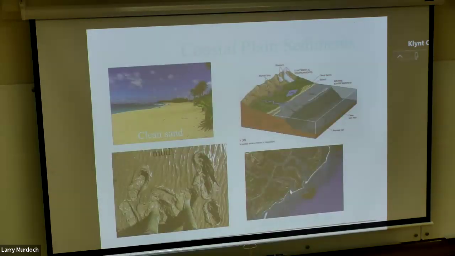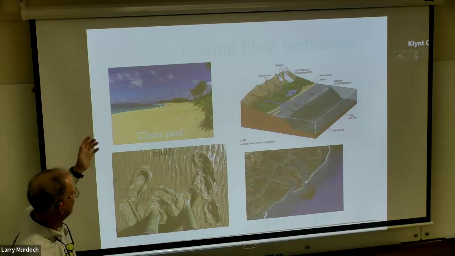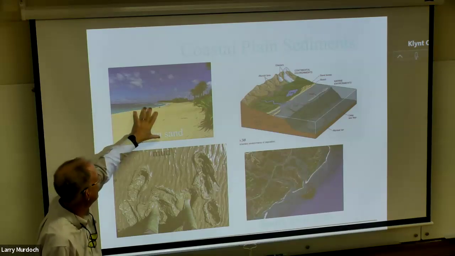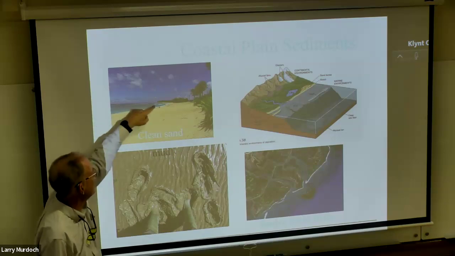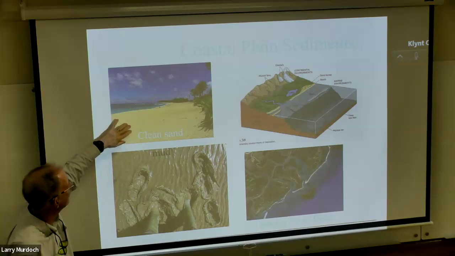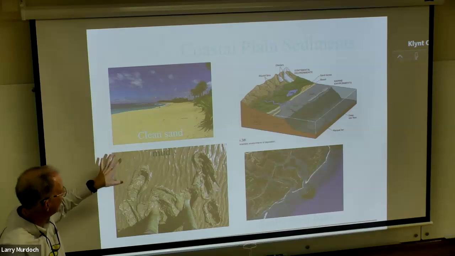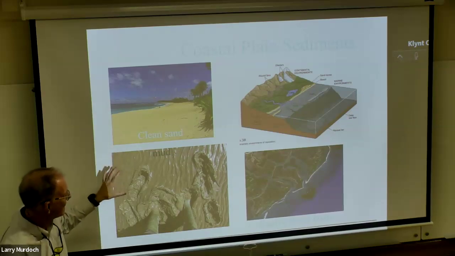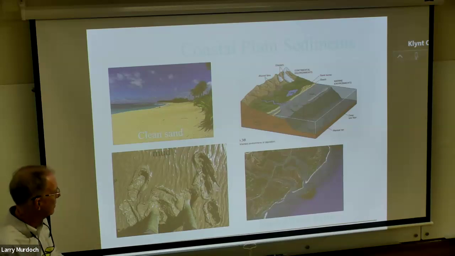Okay, so this is the coastal plain, and if we go down to the coast, you're gonna find places along the beach where there's clean sand. There's a lot of wave energy here, and that washes out the fine grained materials. But there are fine grained sediments in the vicinity. Those are deposited in areas where the water energy is lower.